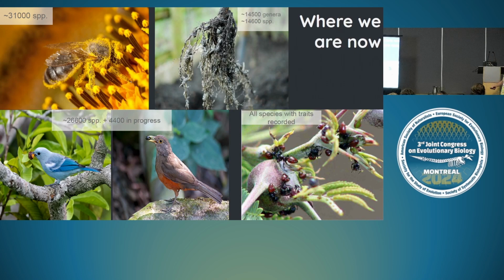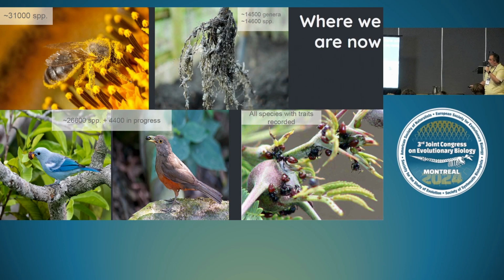We also have information at different levels of organization for mycorrhizae interaction, for instance. We have expert information for virtually all the genera, but also we have direct information for almost 15,000 species. And for ant-plant interactions, we also have information for all the species for which those traits were ever reported.